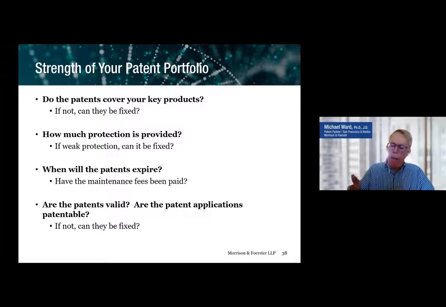When you file patent applications, a patent application will be examined by the patent office. You may proceed to allowance by the patent office and then proceed to grant. All right. So you have filing, then examination, then potential allowance of your claims, and then grant.